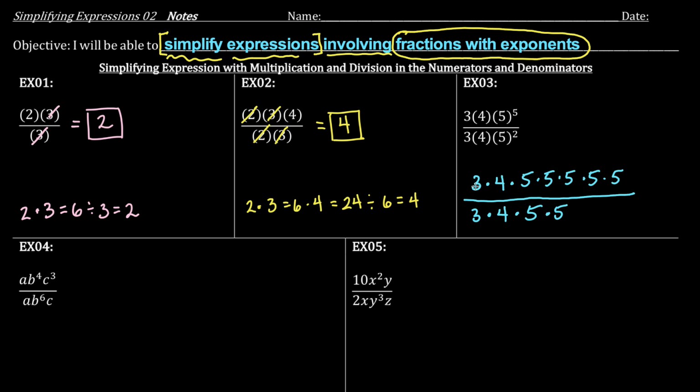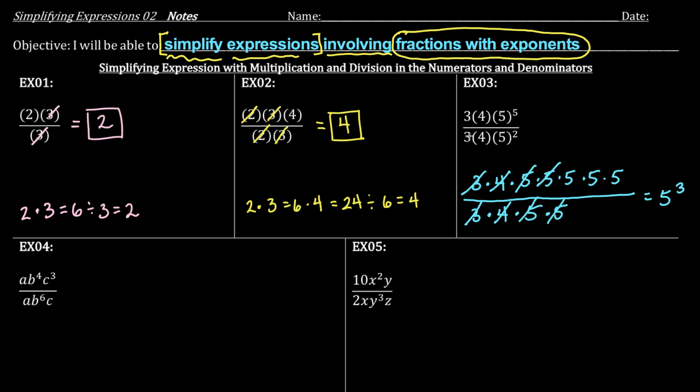So if I do something times 3 and then I divide by 3, it just ends up times 1, the same thing, right? Nothing changes. If I do this 4, nothing changes because I divide by it later. If I have a times 5, but then later I divide by 5, it's gone. And then it's gone. So I end up with 5 to the 3rd power.